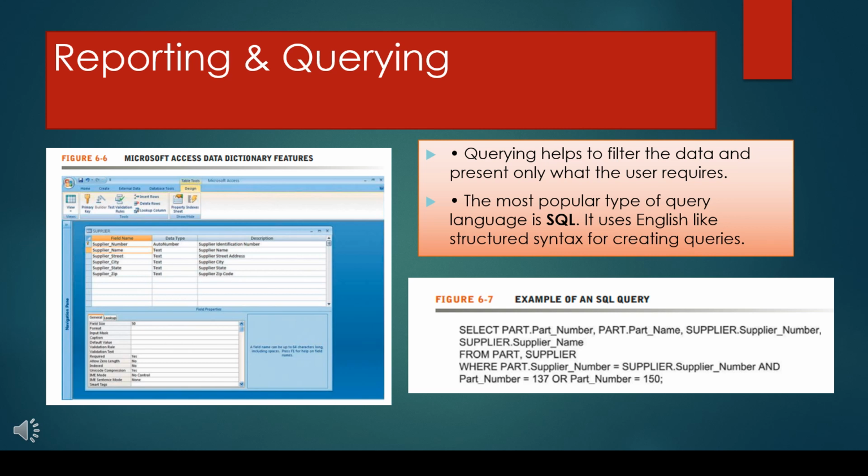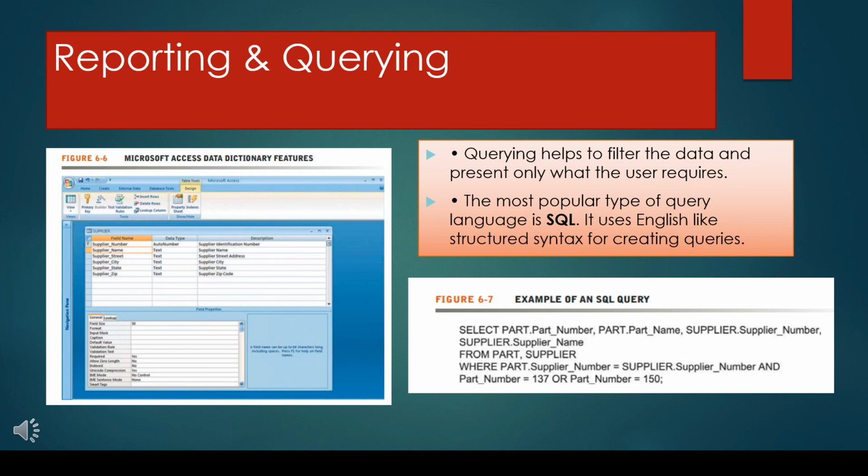Now, these subsequent actions are converted into SQL commands, or what we call the structured query language. This figure shows how SQL, or structured query language, commands to choose suppliers and parts would be created using the Microsoft Query building tools.